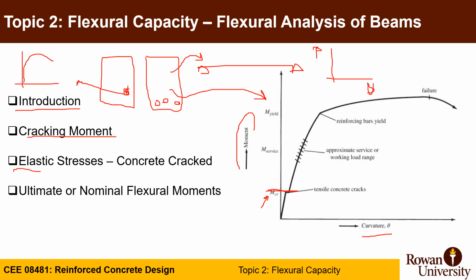We are also going to know how to calculate elastic stresses for concrete when concrete is cracked, which is basically the region between M crack and M yield. Part of this region we call the service region, where the actual working load is applied. And we are also going to know how to calculate ultimate or nominal flexure moments, which is basically upon failure of the cross section.